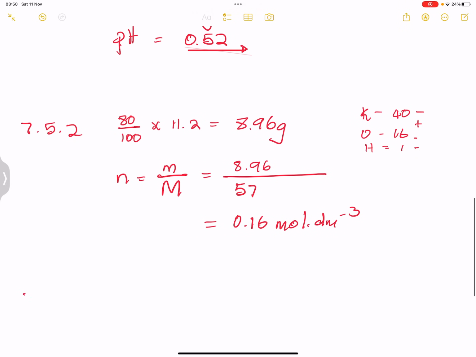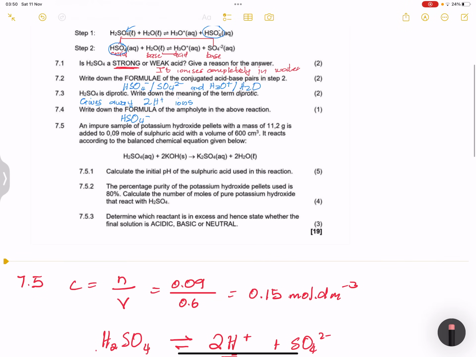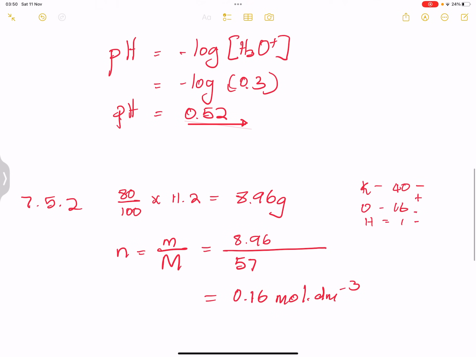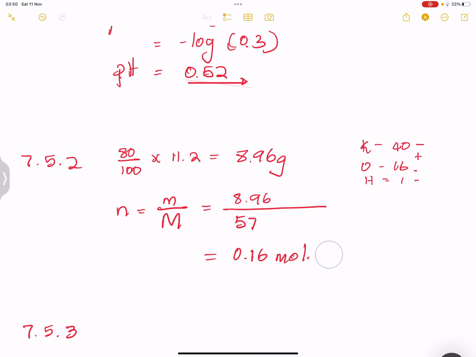So finally, 7.5.3, they're asking us to determine which reactant is in excess and hence state whether the final solution is acidic, basic, or neutral. So if you remember, the concentration of the acid was 0.15, and the number of moles, in fact, why did I even use moles per cubic decimeter?